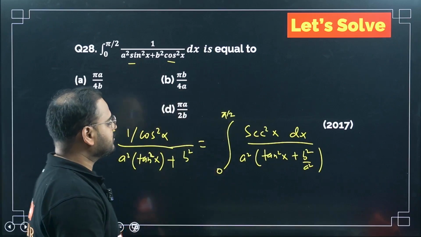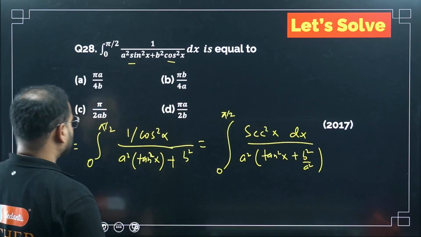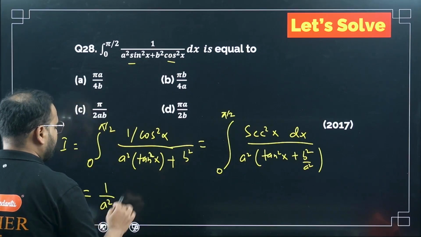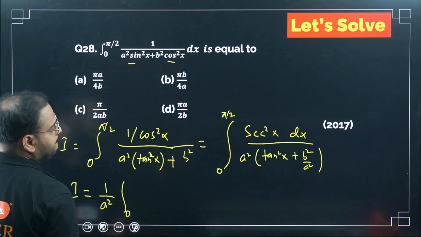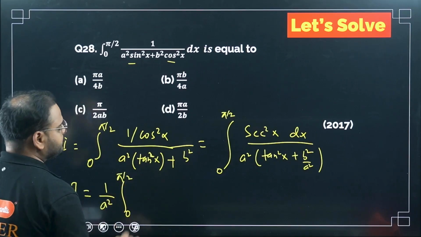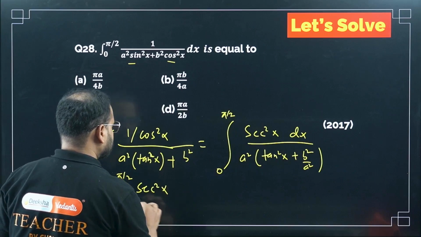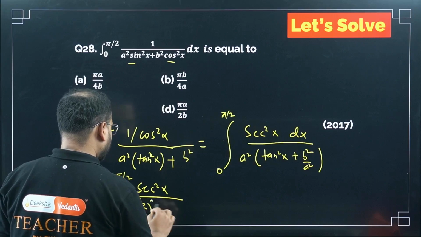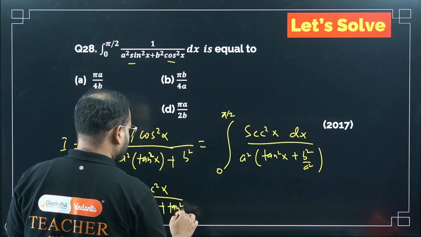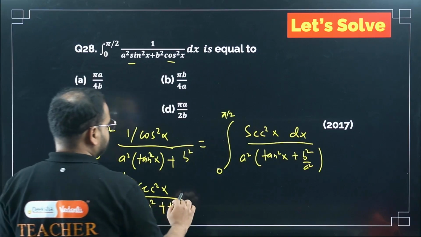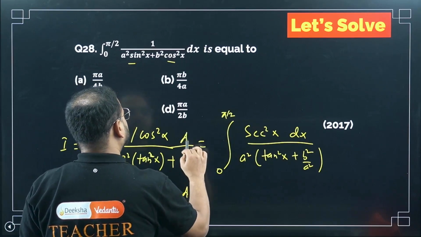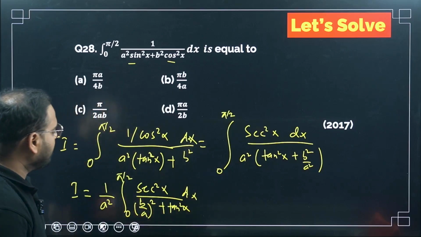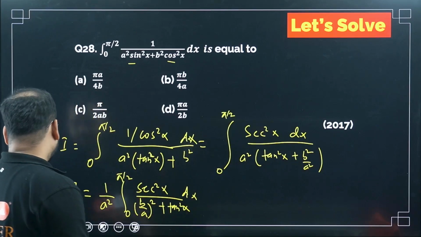Write this a square outside the integration. It's a constant, no? Write this I as 1 upon a square integral of 0 to pi by 2. Same thing I'll write over here. Sec square x. What do I get? B by a the whole square plus tan square x, and dx is there everywhere. Now do one thing. Take tan x as t.